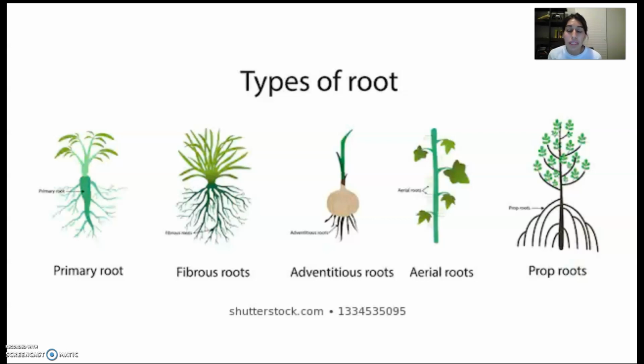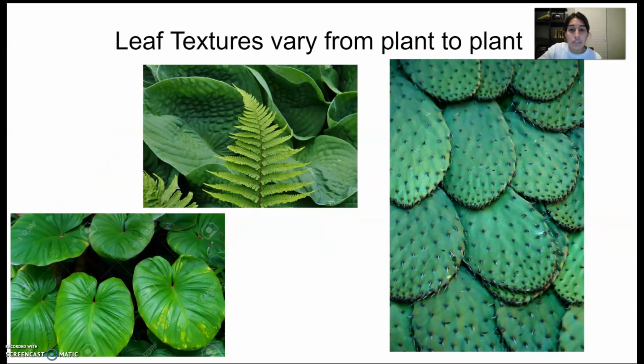Think about what the root does. It anchors the plant in the ground. Not only does it provide nutrients, but it does anchor it in the ground. So think about the different types of roots needed for different types of plants and trees, depending on what is growing out of it. Here are some different types of roots. Again, that's an inherited trait.